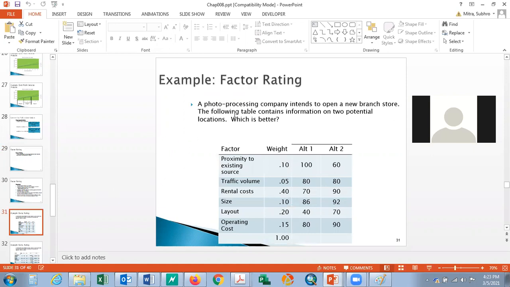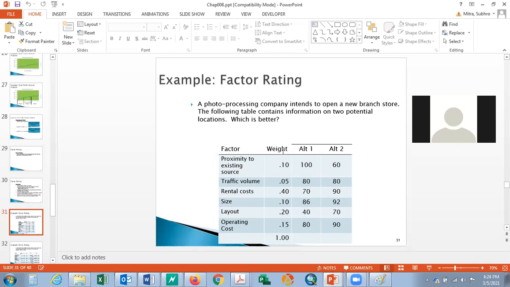Then you have this multi-factor analysis where you have two alternatives, A and B, and you are given some weightage to each of those. So what you have to do is to multiply those weights with the alternatives, sum it up, and whichever is more, that is a better option.